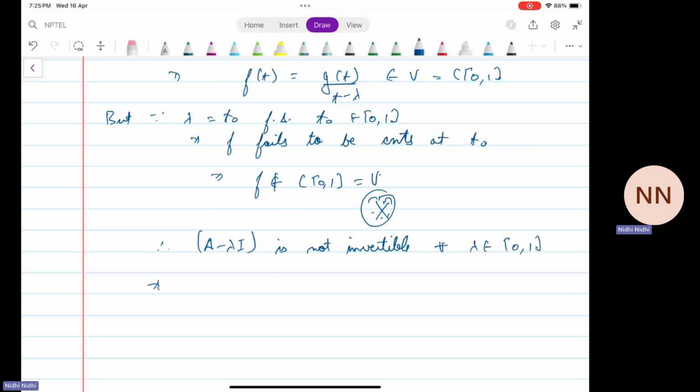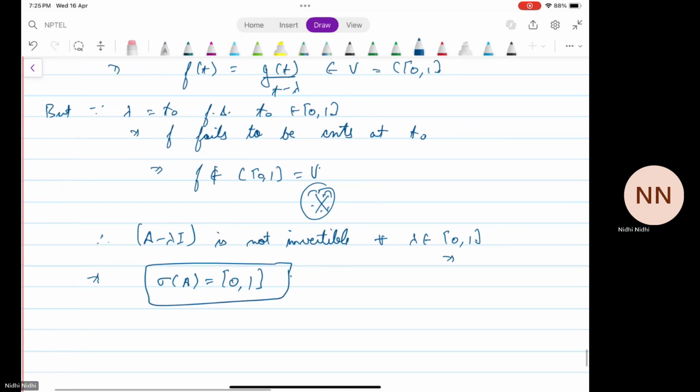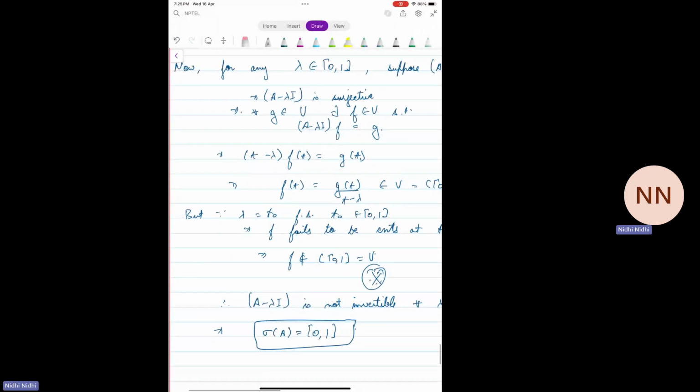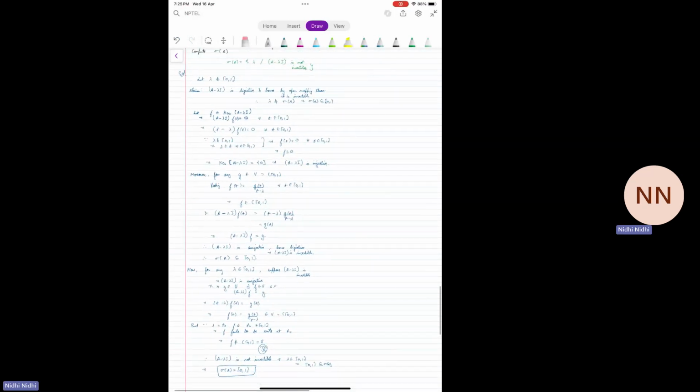This implies our spectrum of A is exactly equal to closed interval 0 to 1. Therefore, yeah, we got the spectrum of this operator.